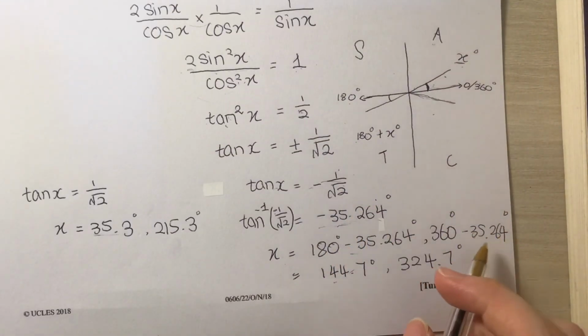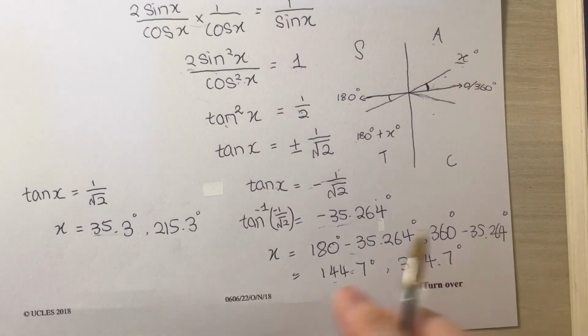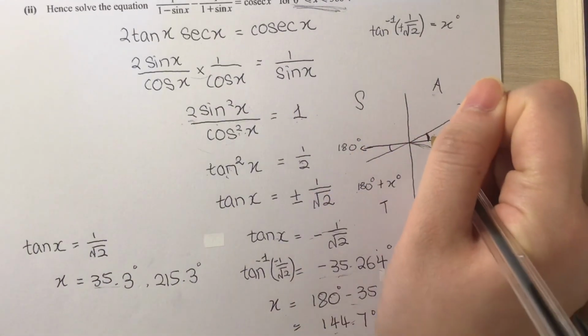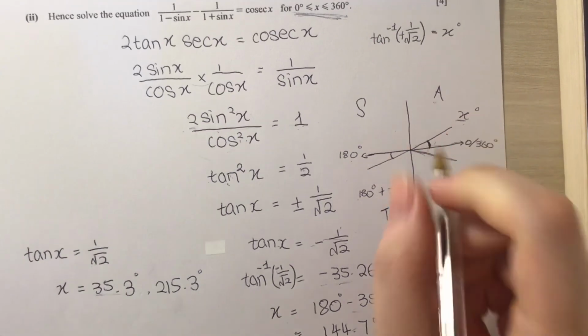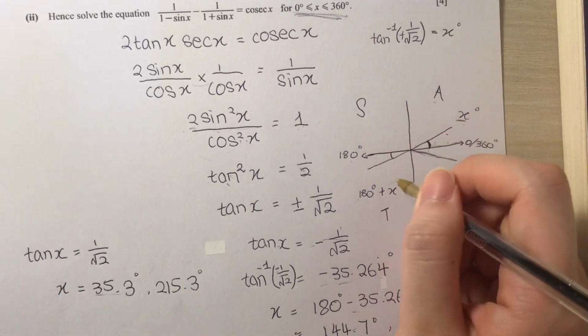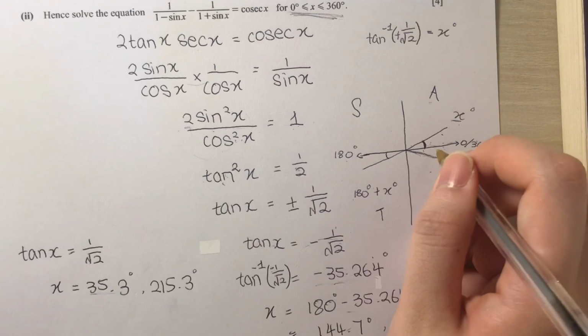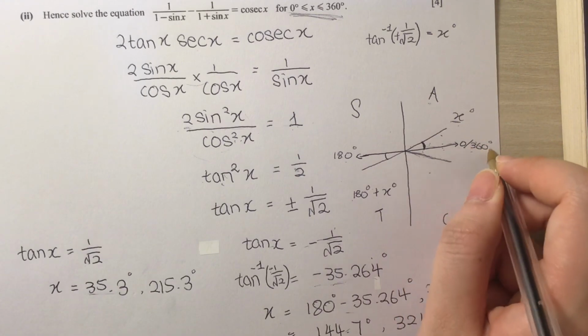And all you have to do is consider that in the first period, when it goes around the first round, it's negative, which means it's over here. But when it almost comes close to the second period, we have to use 360 again.